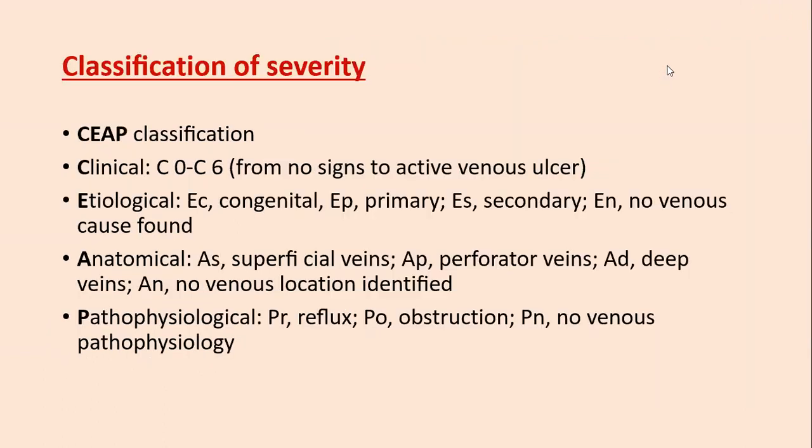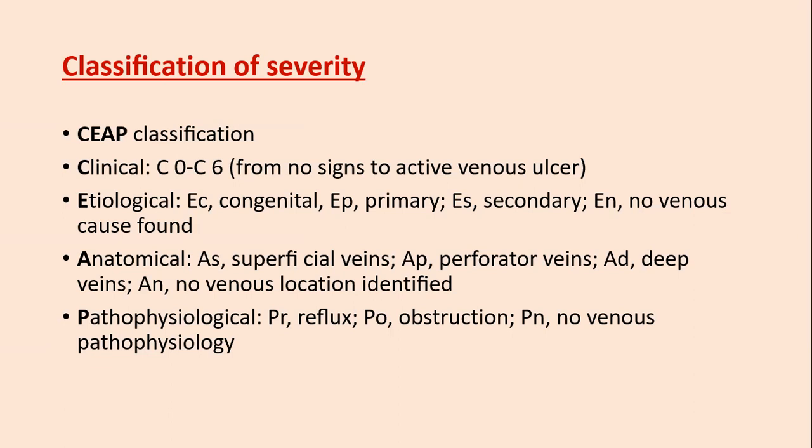The classification of severity of varicose veins is called the CEAP classification. In CEAP classification, C is for the clinical scores, that is C0 to C6, with no signs to very severe venous ulceration. Then etiological classification.